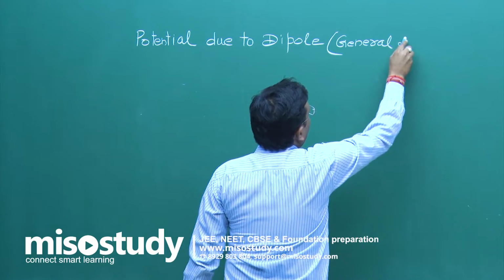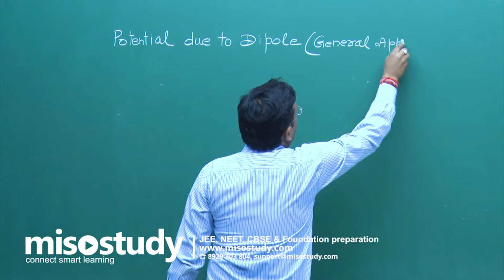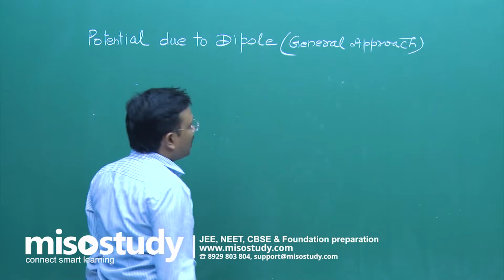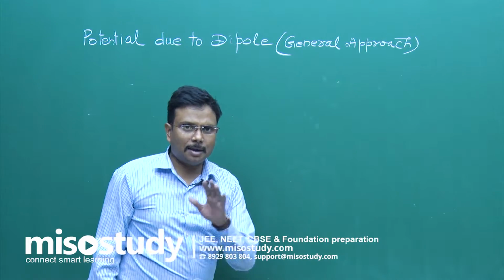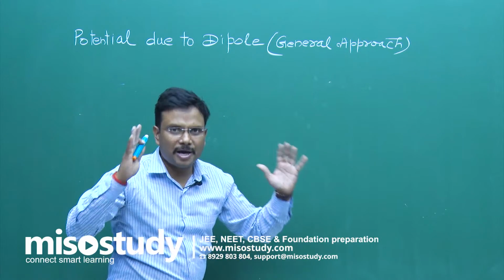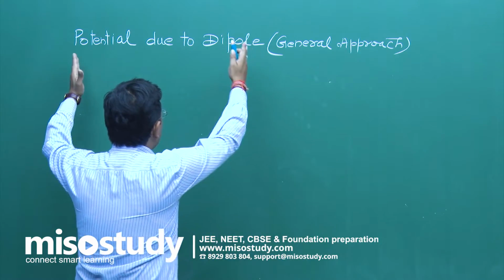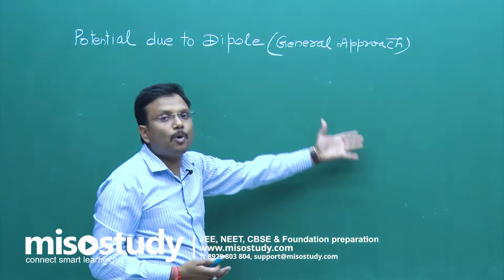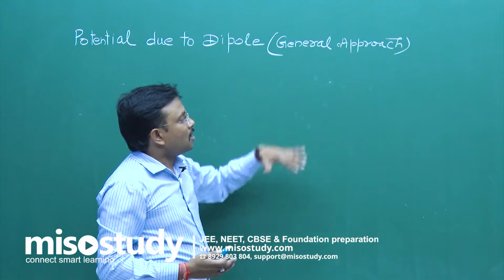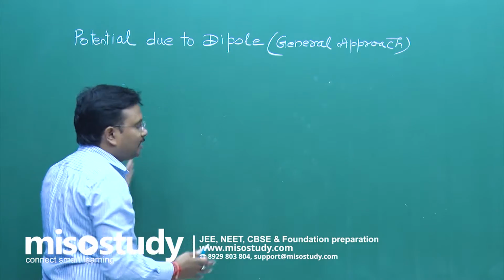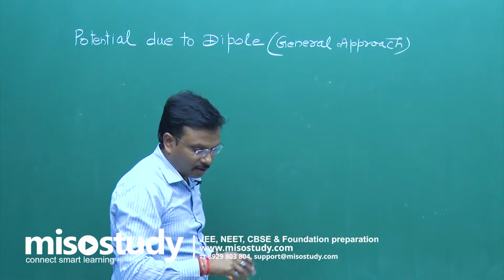General approach. Okay. So what exactly is the general approach? First I am going to draw a good big diagram at this place. Then I will use this space to mention important terms, so that the diagram is present in front of you, and whatever I am explaining is also present in front of you.